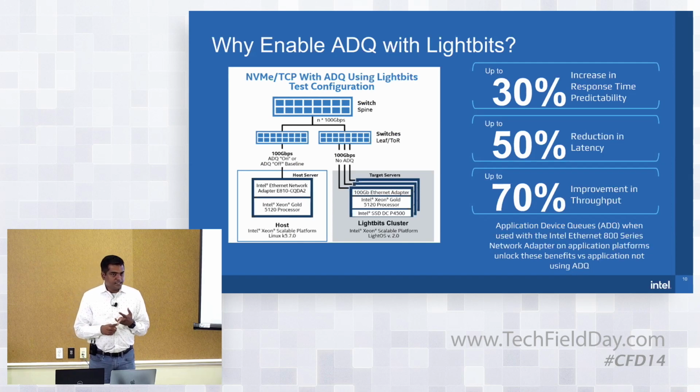Your overall latency is now reduced. So think of your mission critical workloads that need response times at a very rapid speed. Enabling ADQ gives that benefit pretty significantly. And from an overall throughput perspective, there's up to 70% improvement.